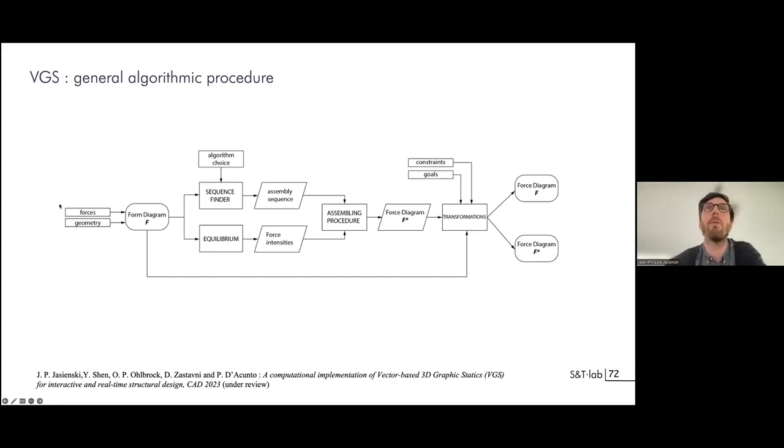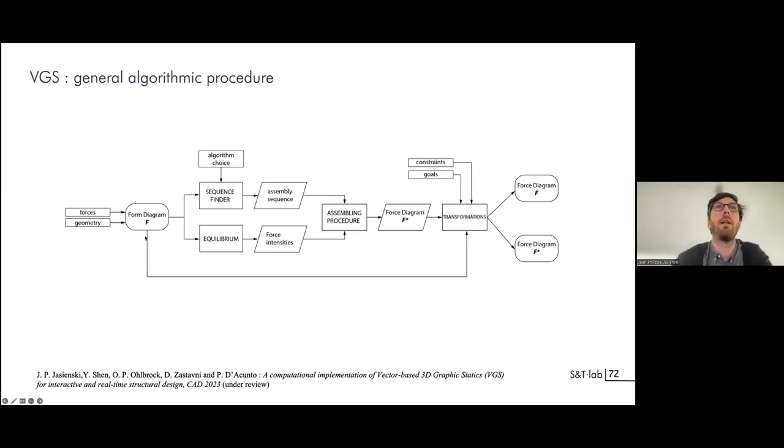First things first, you need to define your structural model. To define the structural model, you need a geometry and forces. With forces, we have supports as well, obviously, to support the structure. But if it's self-stressed, then you don't have external forces.